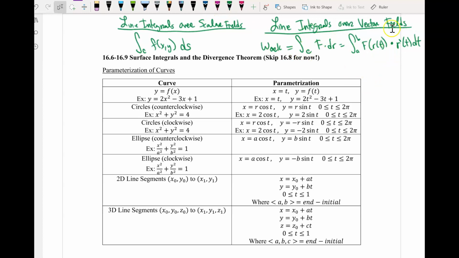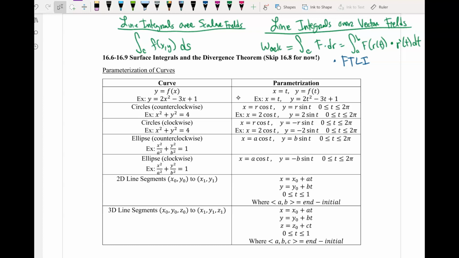In addition, we saw that this formula can be pretty crazy, especially when you need to parametrize the curve, and the parametrization involves a lot, like the magnitude, especially when you're dealing with a scalar field. So we found a couple of alternatives. One was the fundamental theorem of line integrals: if you have a conservative vector field, you can find a potential function and then just plug in the endpoints.